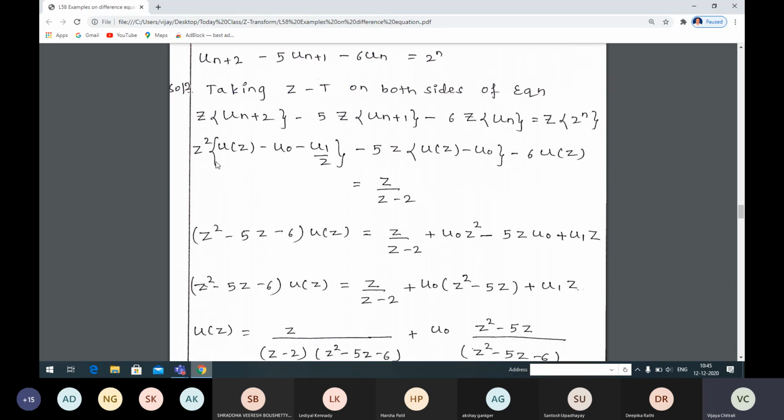So minus u_0 with z^2, because z^2 is multiplied to all the terms, so u_0 z^2 on this side. And here one z cancels, what is left is u_1 z, which comes to this side as plus u_1 z.